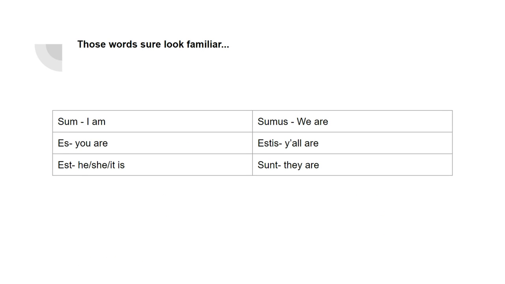If you were looking at sum, est, sumus, and saying, hey, that's familiar, I know those words. You're right, you do. This is how you conjugate the word to be in the present tense. It goes on to that fourth principal part to make this new form, but these forms are things you've already seen. Sum, for instance, means I am. If I were to say something like ego sum discipulus, that would mean I am a student.